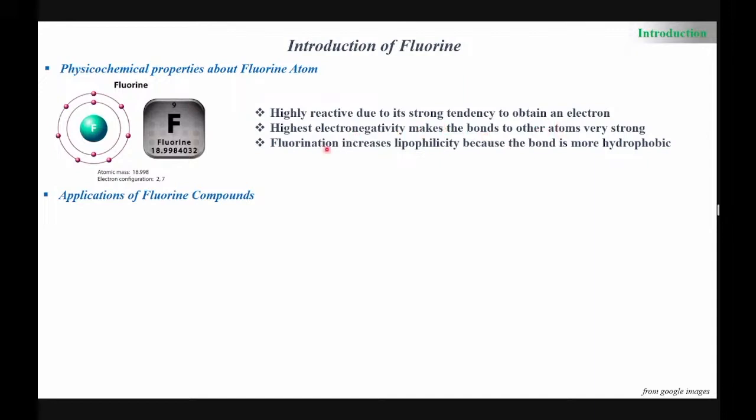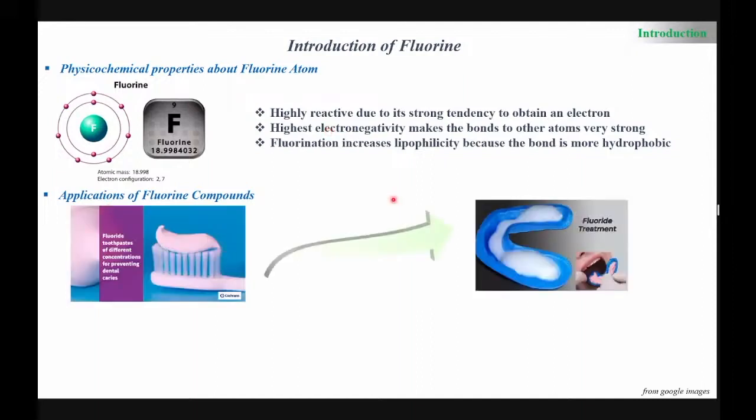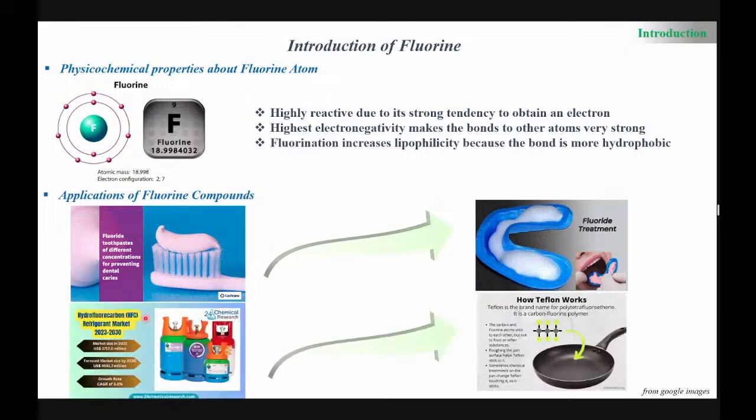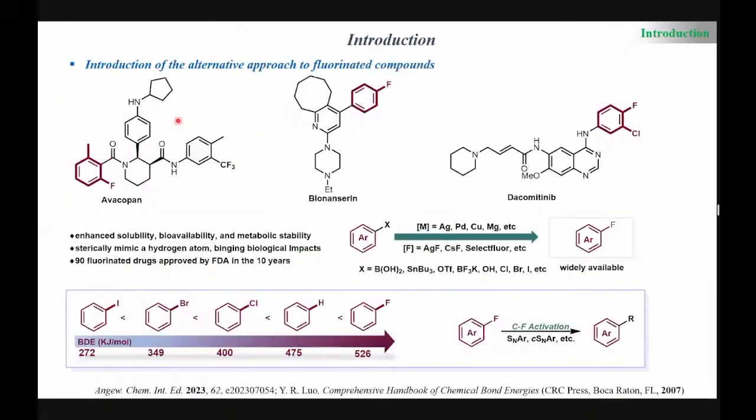Furthermore, fluorination increases lipophilicity because the C-F bond is more hydrophobic than the carbon-hydrogen bond, and this often helps in cell membrane penetration and hence bioavailability. Because of these special physicochemical properties, fluorine compounds find applications in various fields, from home-use toothpaste to advanced dental treatments, from small molecular hydrofluorocarbons to polymeric Teflons, and in particular, drugs.